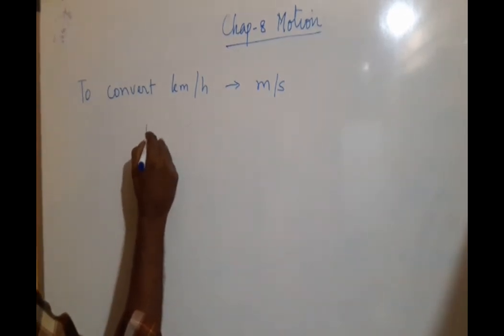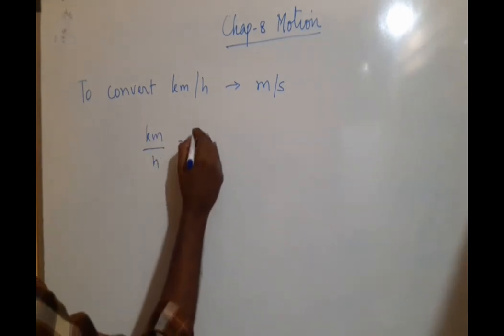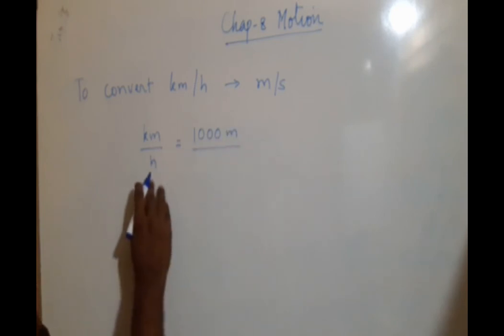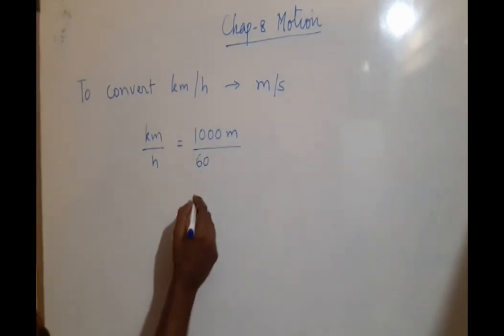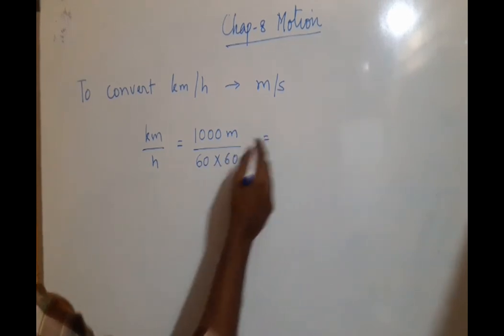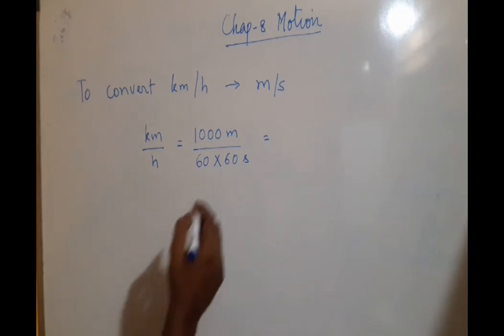If the speed is in kilometer per hour, 1 kilometer is 1000 meter. 1 hour is 60 minutes and 1 minute is 60 seconds. So 1 hour is 60 into 60 seconds, that is 3600 seconds.